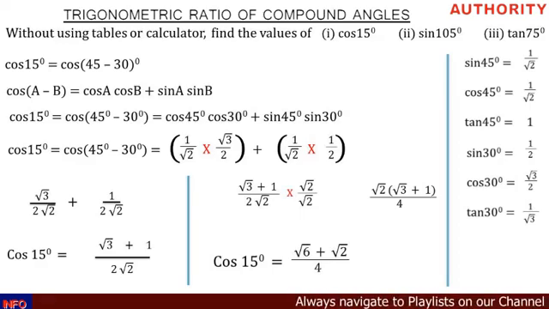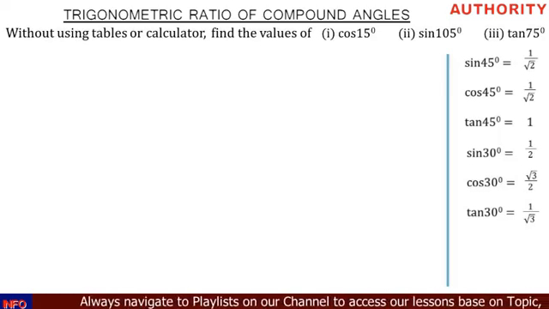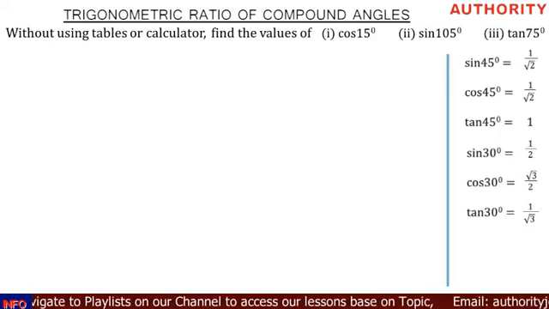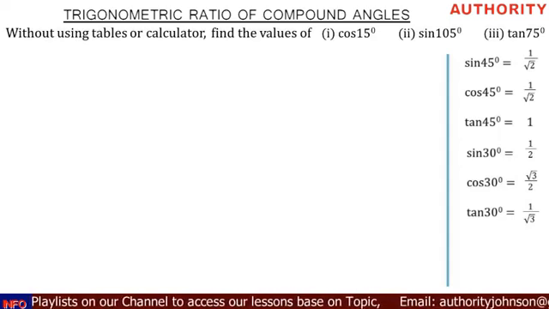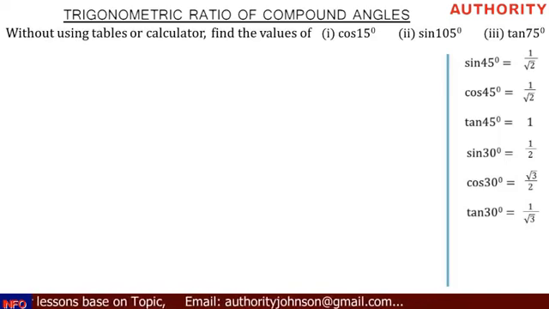Yes. Now let's go. Number 2. We say sine 105 degrees. So what can we do to find this sine 105 degrees? When we think very well, we discover that 60 plus 45 degrees is going to give us 105.